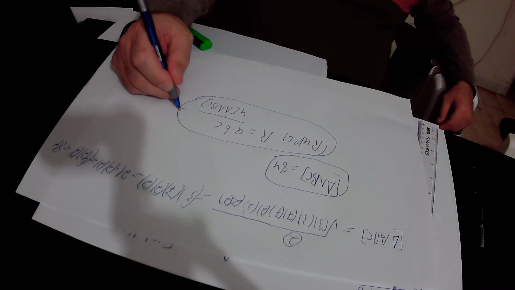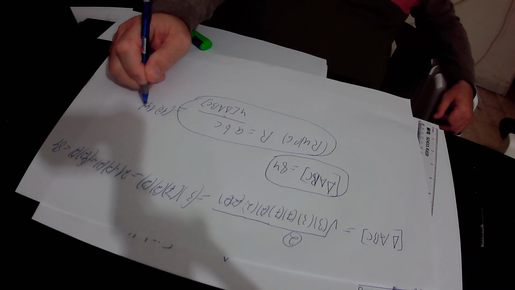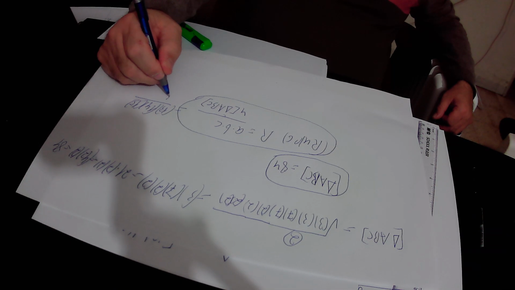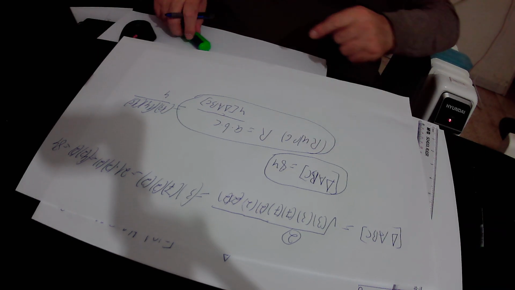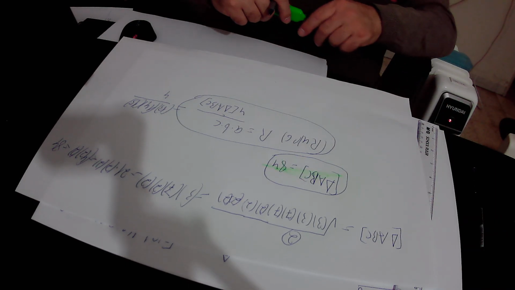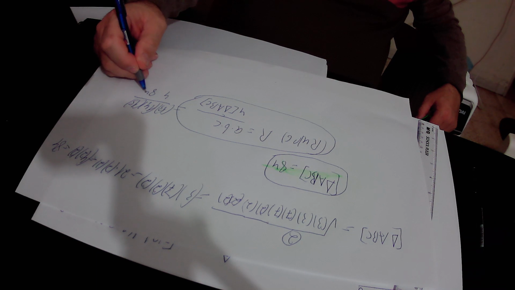A equals 13, B equals 14, and C equals 15, over 4 times the area of triangle ABC. We have already found out that the area of triangle ABC equals 84 square units. So it is 4 times 84.